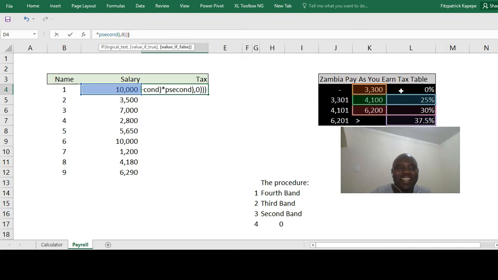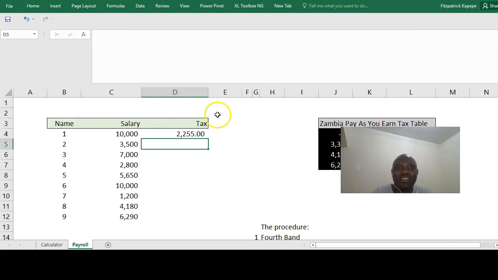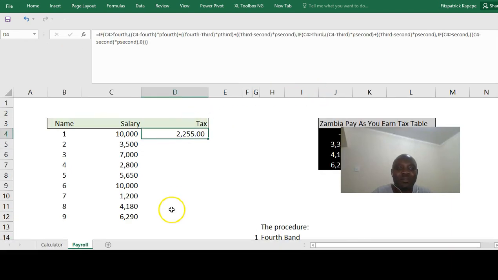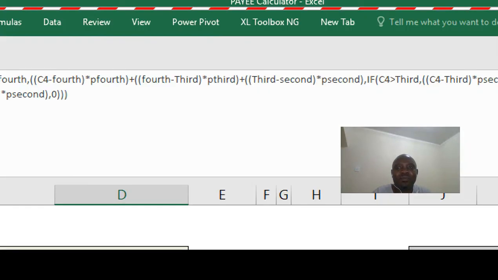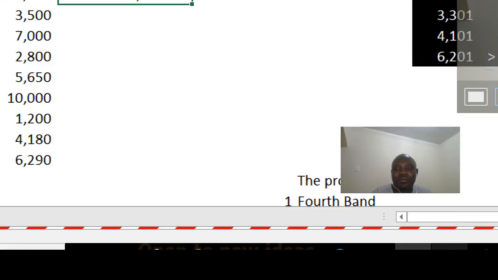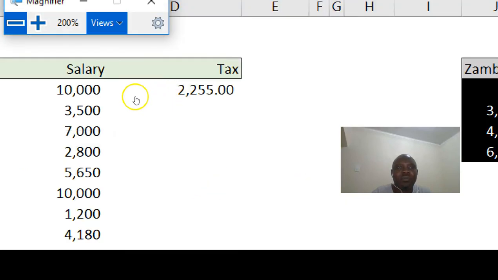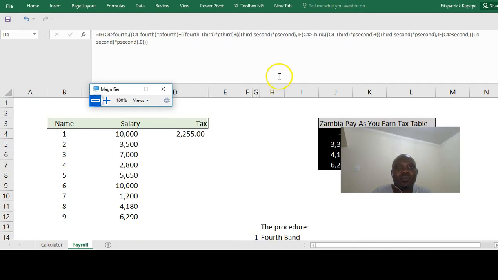And it turns black, guys. Boom. So I'll drag this formula like this so that you're able to see. Let me just magnify it. It's too big. Like this.